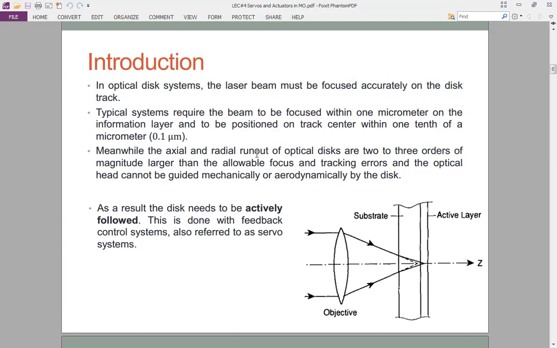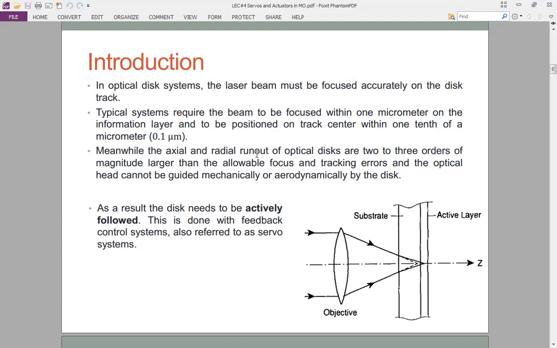So as a result, the disc needs to be actively followed. That is the word I was trying to say: the disc cannot leave the laser spot behind. Even if it moves up and down, the laser spot should be faster than it. It's like your shadow; there is no time you can leave your shadow behind.